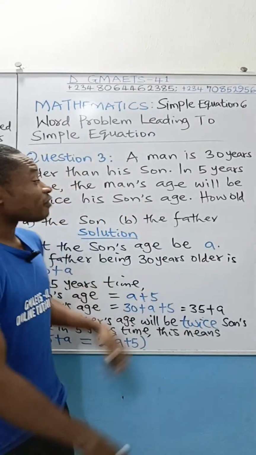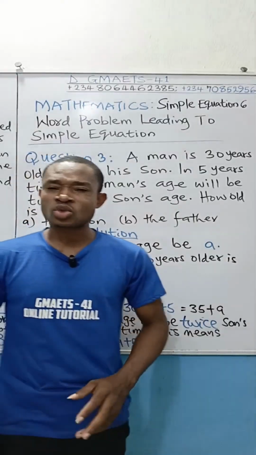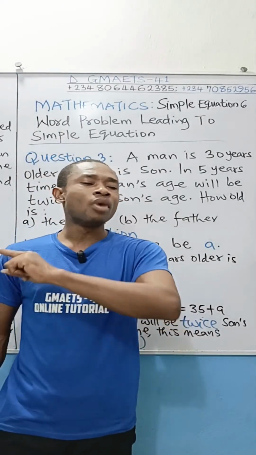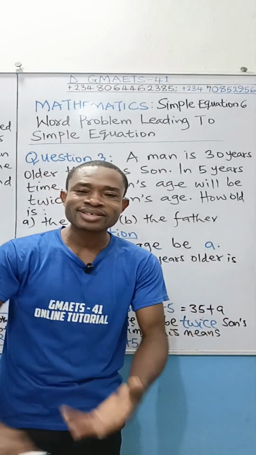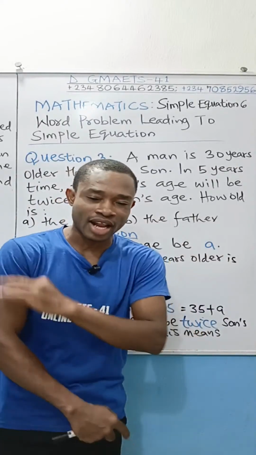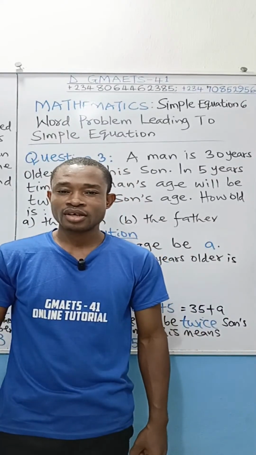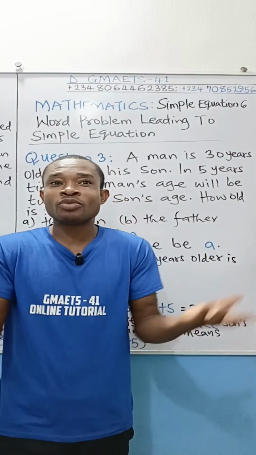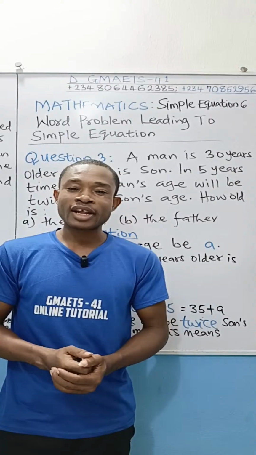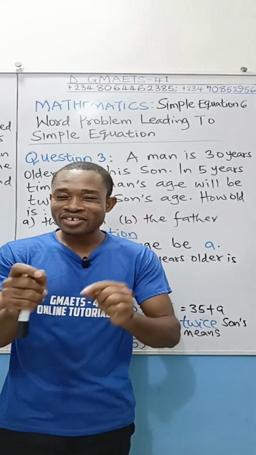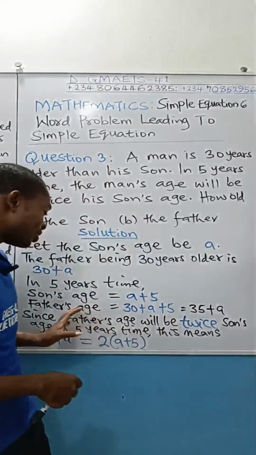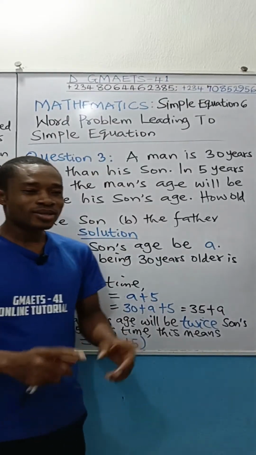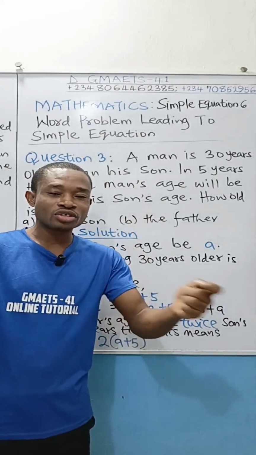For example, what I have taught you under simple equation, and I told you that simple equation is one of the most important equations in mathematics, in sciences, and in real life. Yes. If I pick any question anytime, maybe I want to have fun time with a particular math problem, I'll be very fast. I'm not going to be writing all this grammar. Just go straight ahead to what you should do.